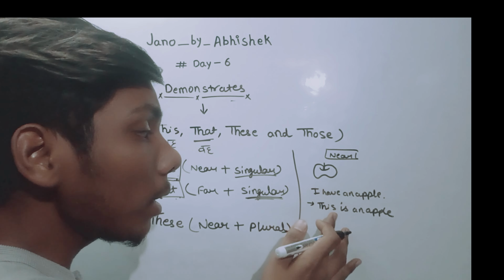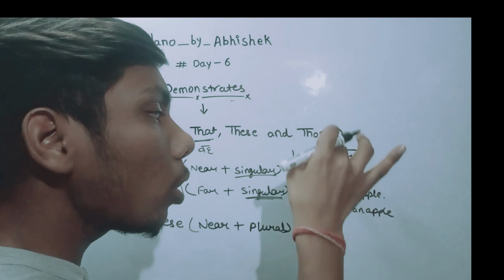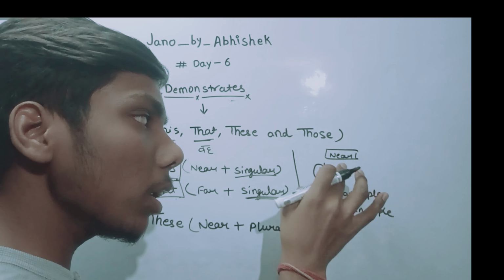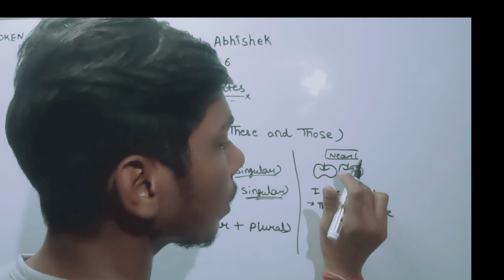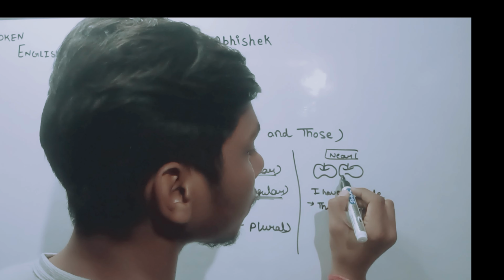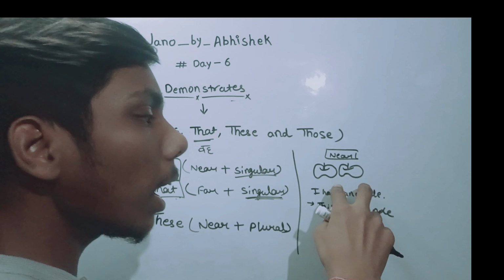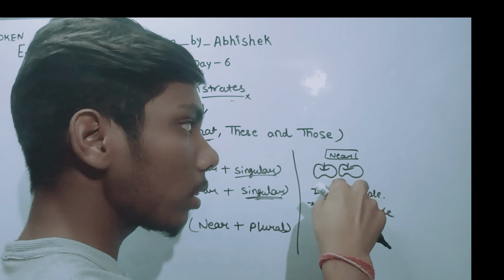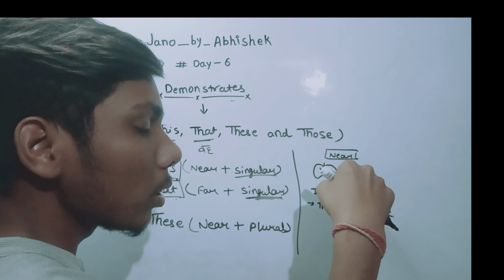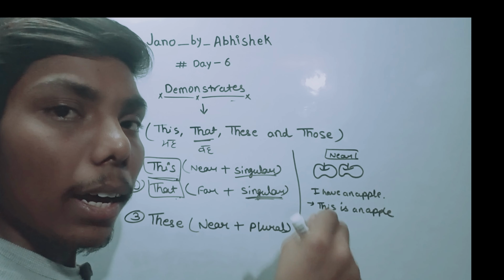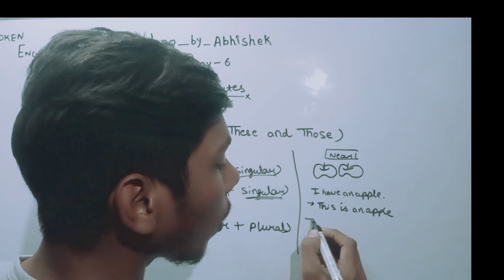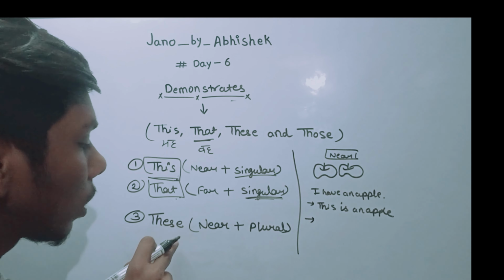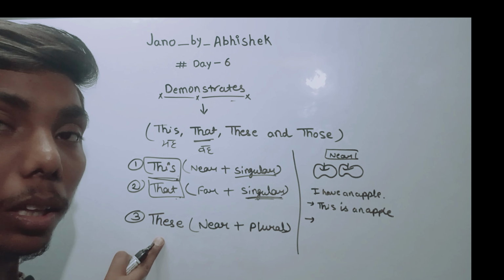But if it is more than one, let's suppose there is one more apple. There are two apples. Then in that case, how will I point them out? I will point them out by using the word these.